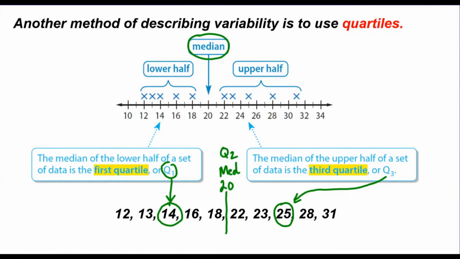This way, we're only going to look at how spread out these values are right here between the quartiles. How spread out are those values? And it'll give us a little bit better idea about how the center of my data is spread out. So this way we're not affected by extreme values, either on the high end or the low end.